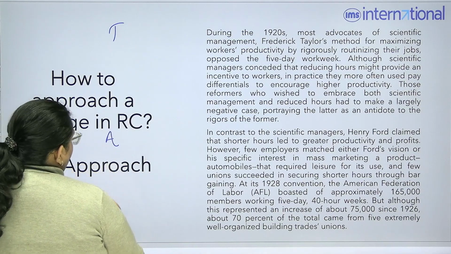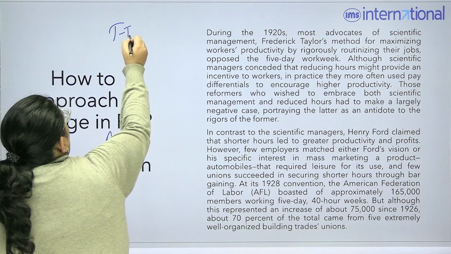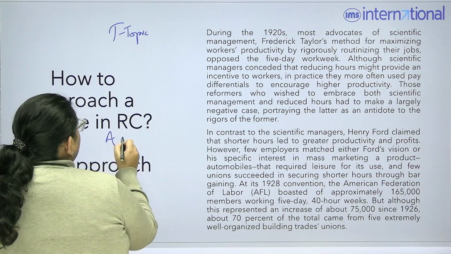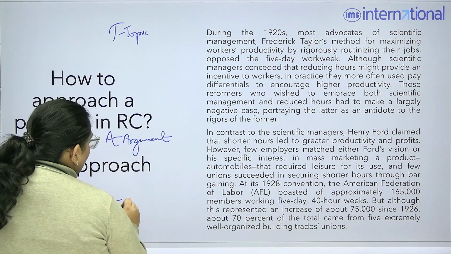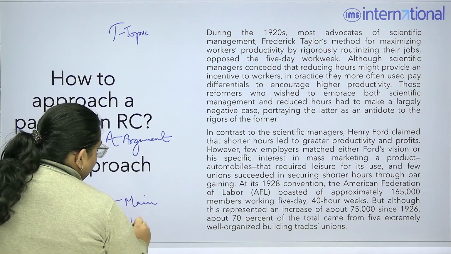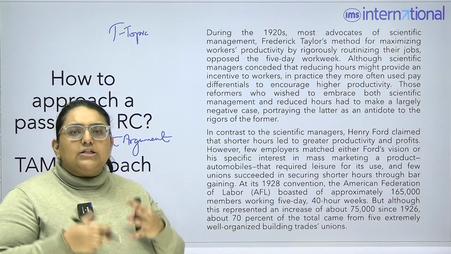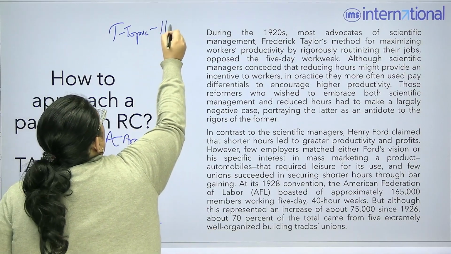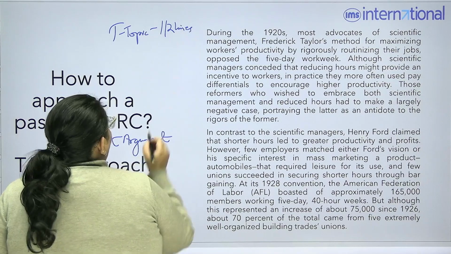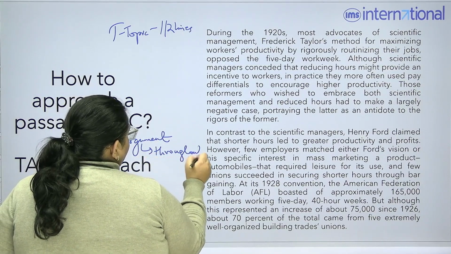So the TAM approach means T stands for topic, A stands for argument, and M stands for main idea. Now as the name suggests, T means the topic. You will generally get the topic of the passage in the initial 1 to 2 lines of the passage. Argument will be present throughout the passage.